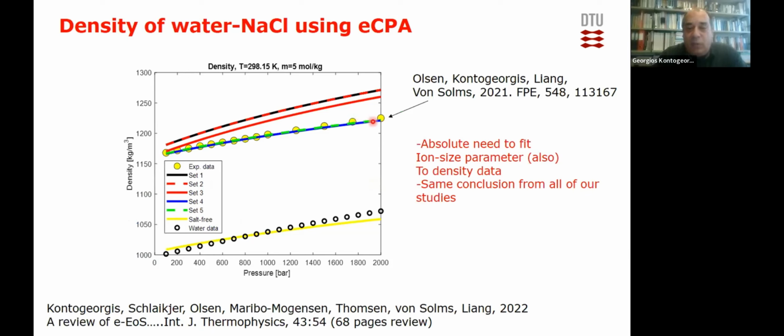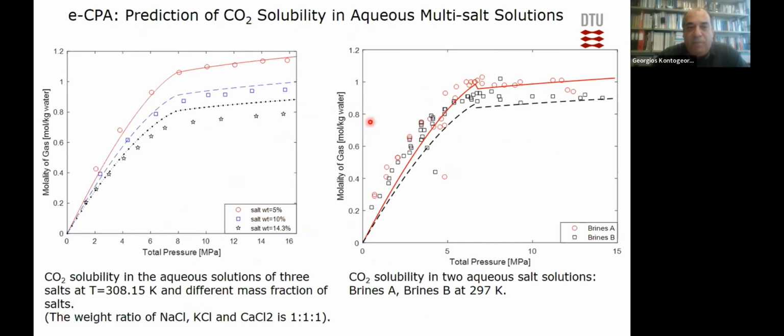The two lines that you see here are exactly the performance of the model when the density is included into the parameter estimation. The results that you see up here are when the density is not included into the parameter estimation. So you can see a very different performance, which is not necessarily only because of different theories. Here, actually, it's because of what type of data are included into the parameter estimation.